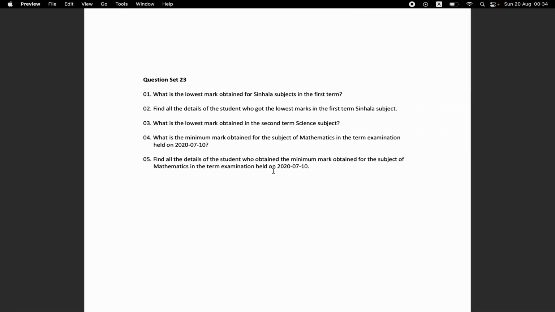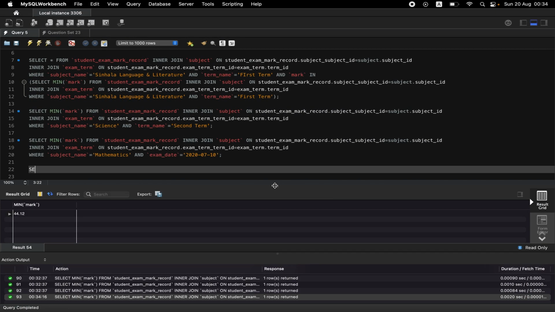So the last question is, find all the details of the student who obtained the minimum mark obtained for the subject of mathematics in the term examination held on 2027-10. So for this, select everything from student table, where student index number. I'm going to write a subquery.